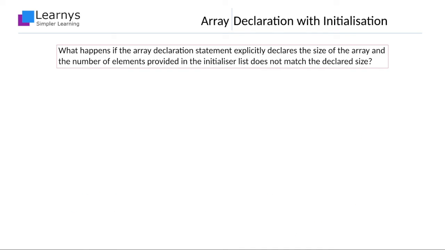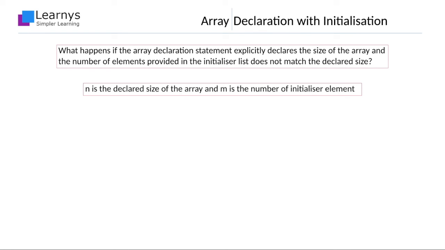What happens if the array declaration statement explicitly declares the size of the array and the number of elements provided in the initializer list does not match the declared size? We will discuss the answer to this question by considering two cases. The first case is when the declared size of the array is less than the number of initializer elements, and the second case is the opposite of the first case. Let us assume that n is the declared size of the array and m is the number of initializer elements.